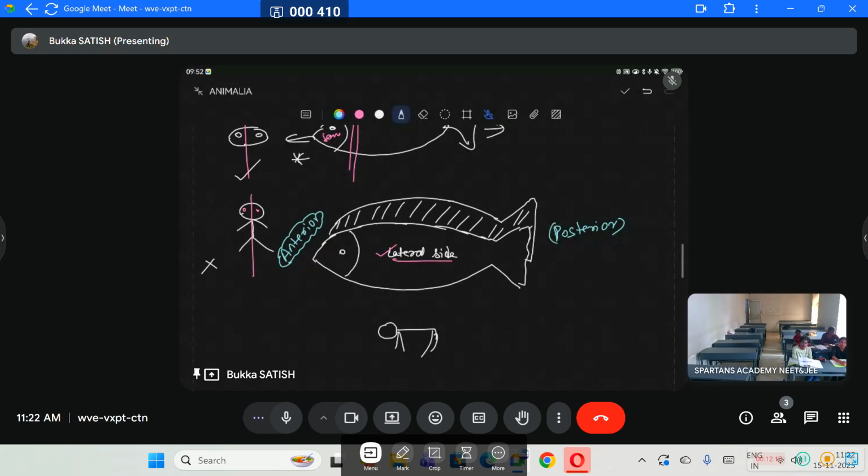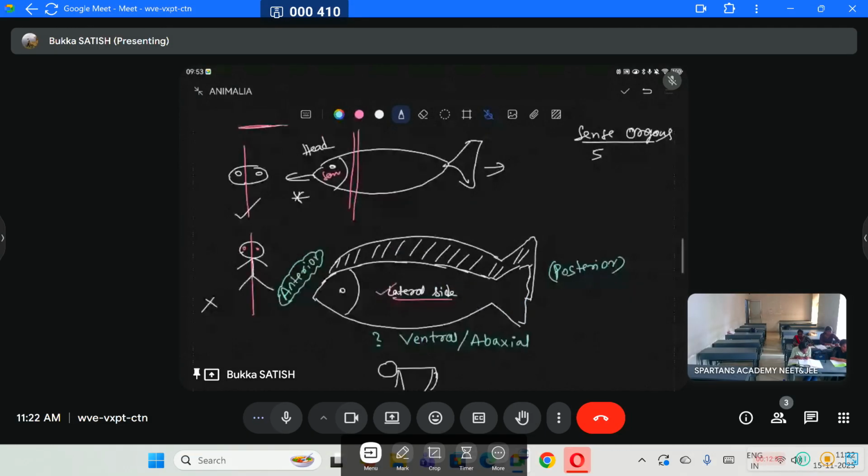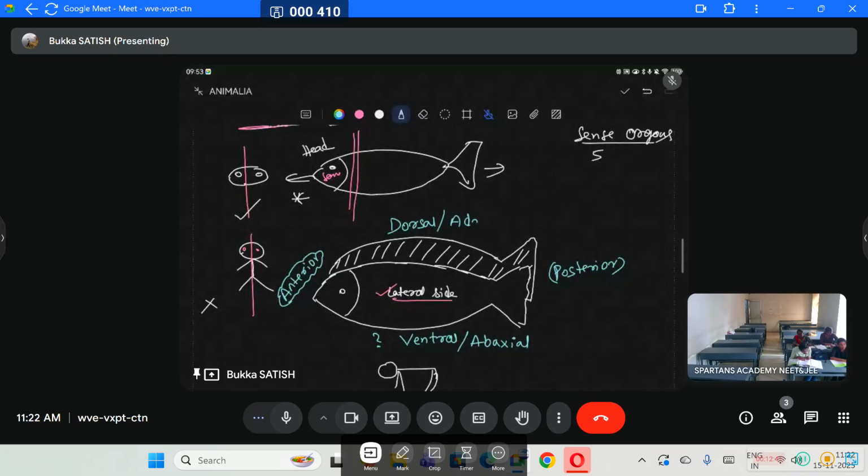Very good. Ventral side, also called abaxial side. Abaxial side. The other side is dorsal side, also called adaxial side.